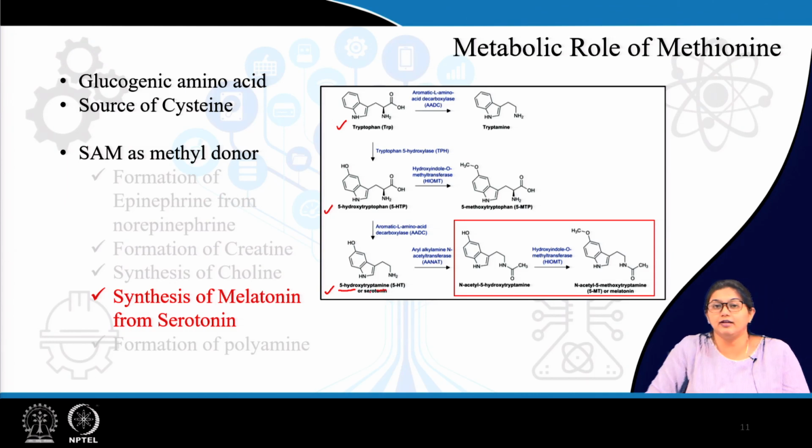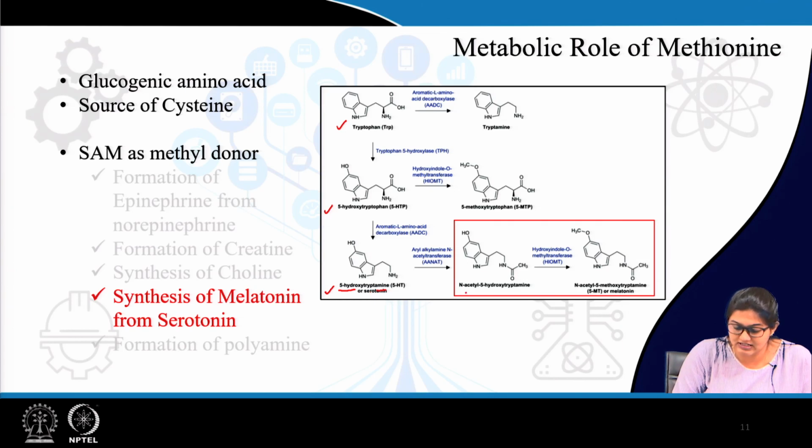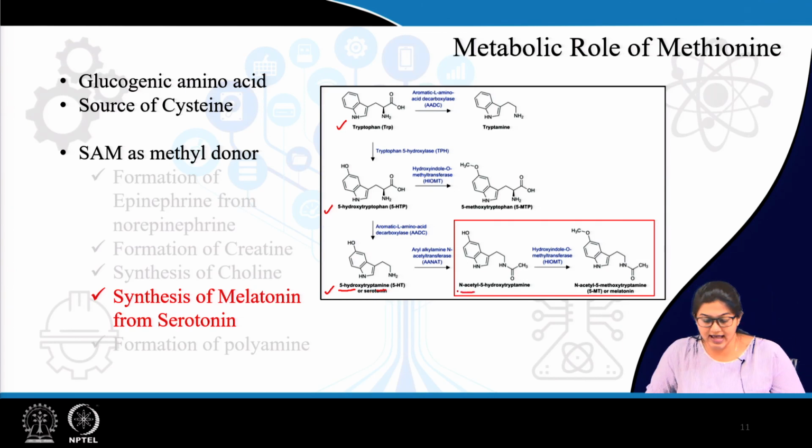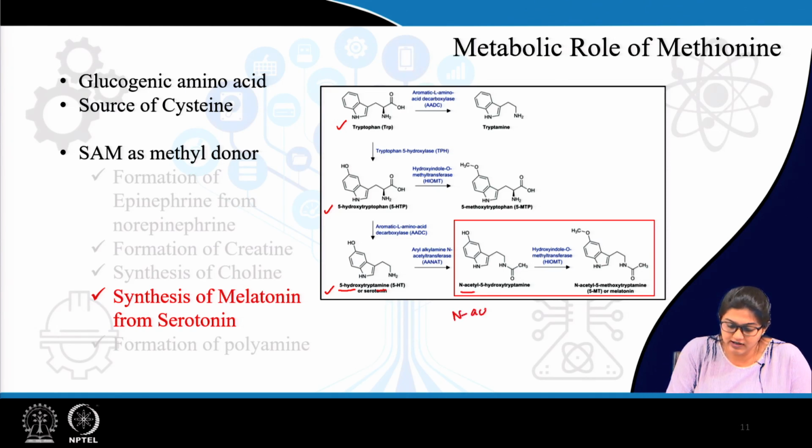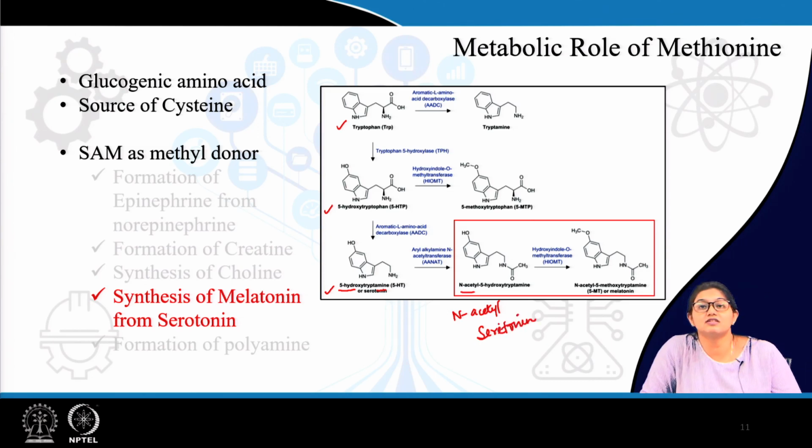So, this is one amine. Now, 5-hydroxytryptamine undergoes acetylation to form N-acetyl 5-hydroxytryptamine, sometimes we call it N-acetyl serotonin. Then N-acetyl serotonin undergoes methylation to form melatonin.